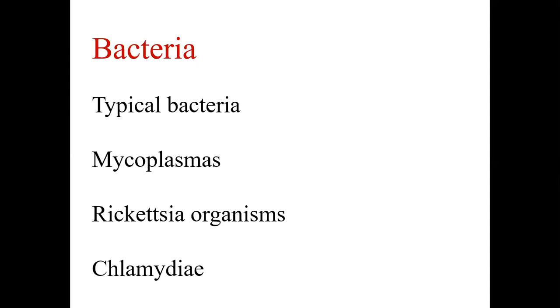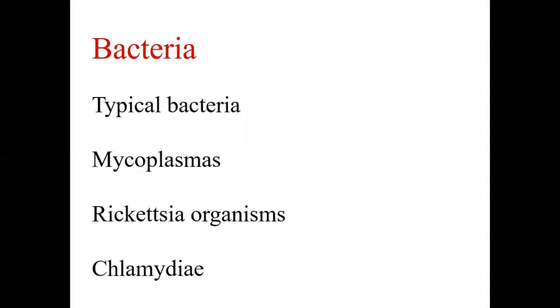Typical bacteria have a normal peptidoglycan, may be normal flora or pathogenic for humans, do not have a sexual growth cycle, however, some can produce asexual spores, and can reproduce by binary fission. The second is mycoplasma.